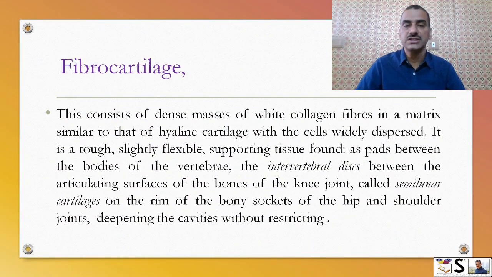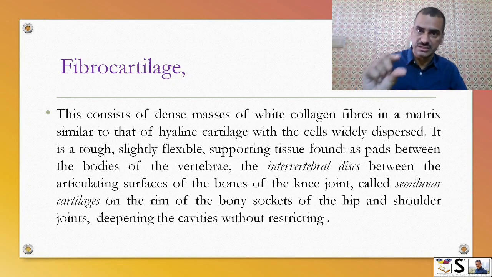Fibrocartilage. This consists of dense mass of white collagen fibers in the matrix similar to that of the hyaline cartilage, with the cells widely dispersed. It is a rough, slightly flexible and supporting tissue found as pad between the bodies of vertebrae.